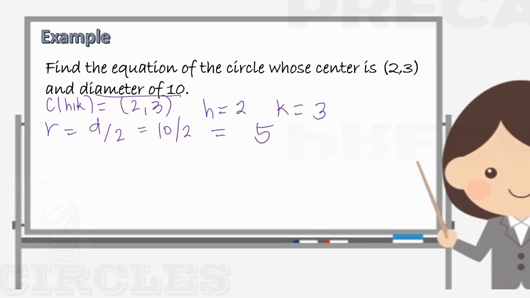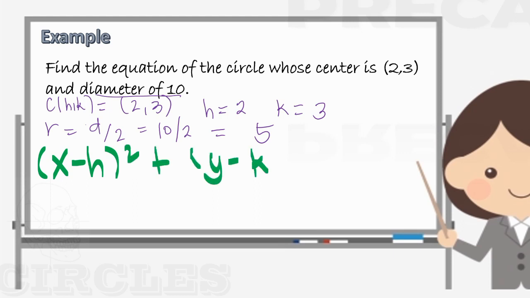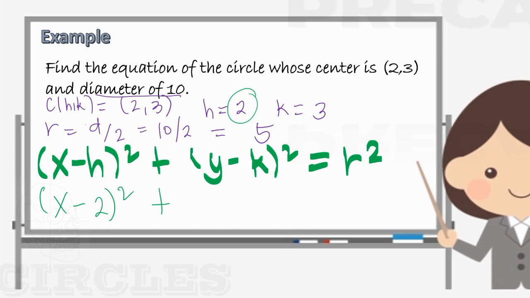And then again, for the standard form ng circle, x minus h squared plus y minus k squared is equal to r squared. So, direct substitution, x minus h squared. So, h natin is equal to 2 squared plus y minus k, value ng k is equal to 3 squared is equal to r squared.